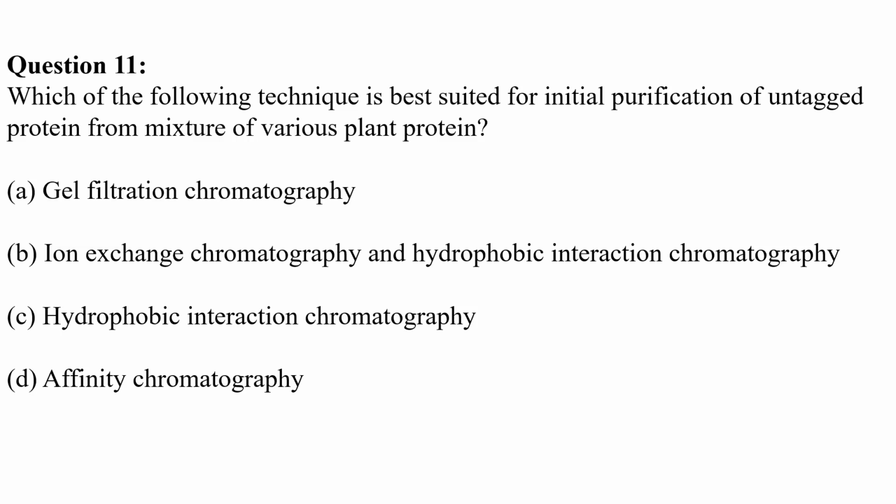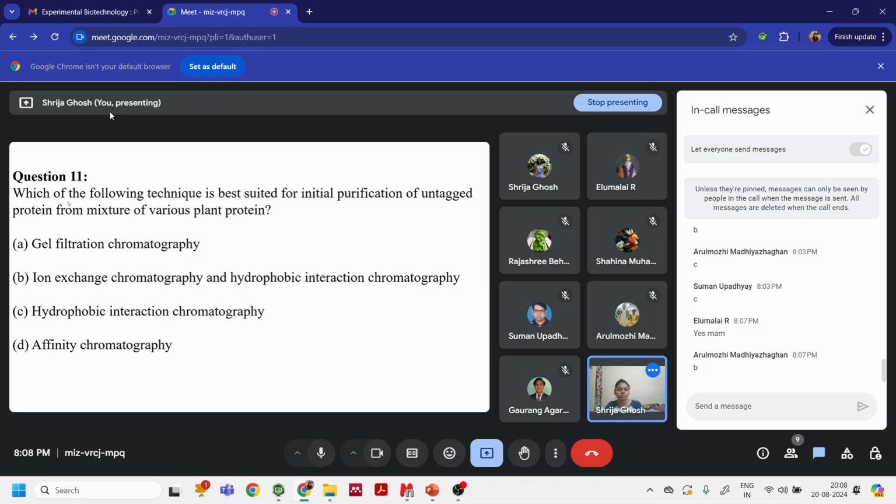Option B, ion exchange chromatography and hydrophobic interaction chromatography. Option C, hydrophobic interaction chromatography, and option D, affinity chromatography. So we have one answer, option B, ion exchange and hydrophobic interaction.